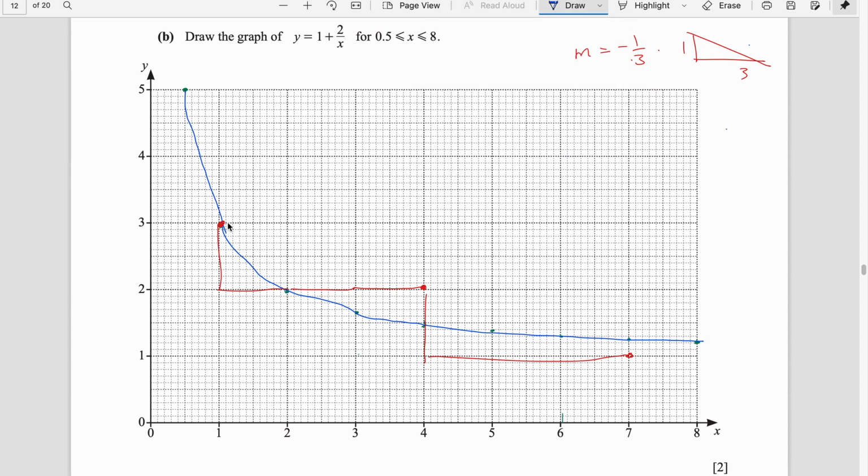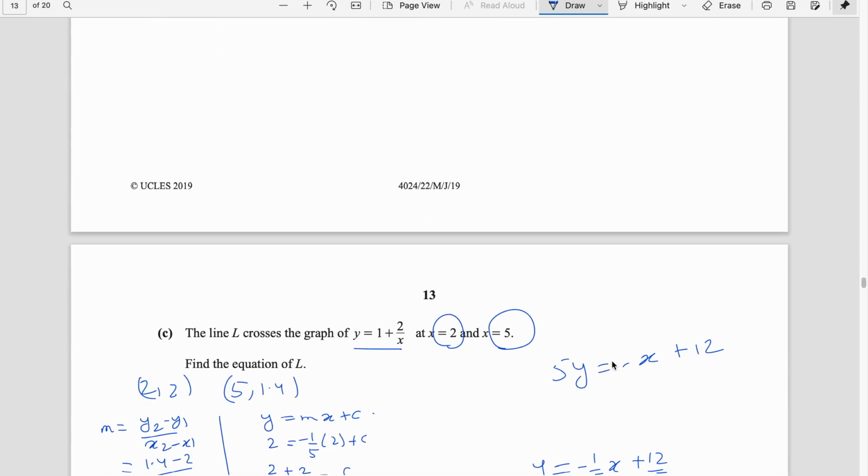And you use your ruler and pass it through these points, trying to be as accurate as I could. So wherever it crosses is your answer. So the value of k in my case is 6.6.